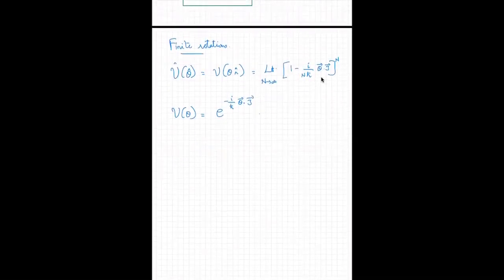In general, this is where we should stop if we are talking about, so what is this J? It depends on whether you're talking about J equal to 0, J equal to half, J equal to 1, J equal to 2, or things like that.